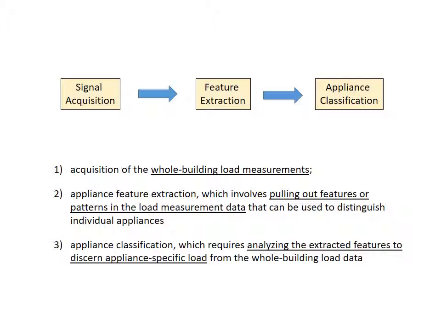Second, feature extraction involves pulling out features or patterns in the load measurement data that you then use to identify individual appliances within the data and make a guess about how they are being turned on and off throughout the time series. And then number 3 is the actual appliance classification, which requires analyzing the extracted features to discern appliance-level specific load from the whole building data.